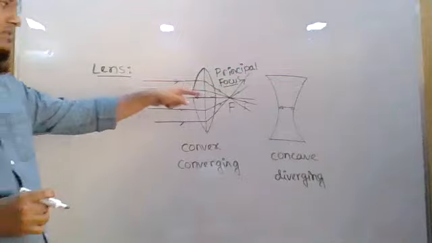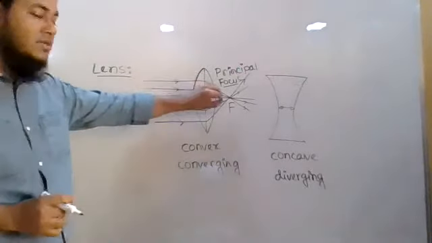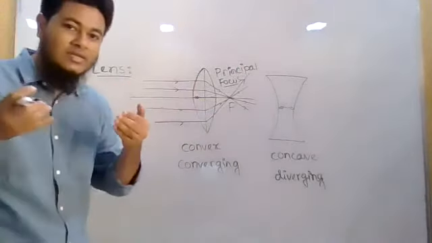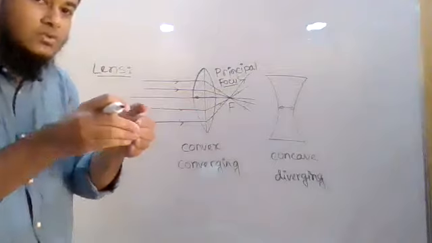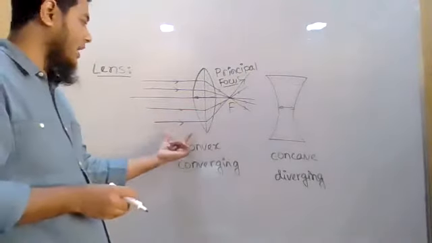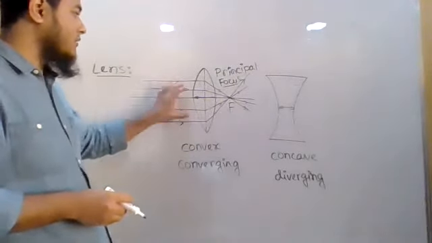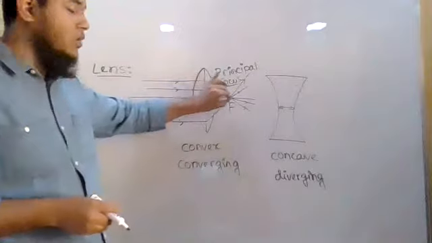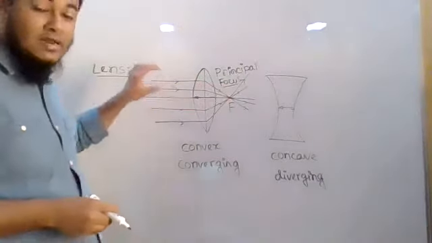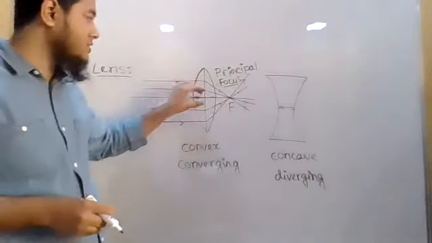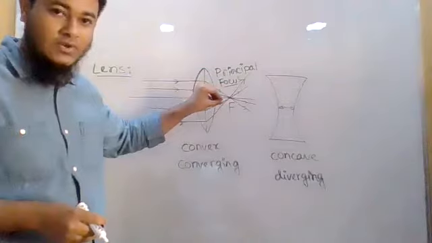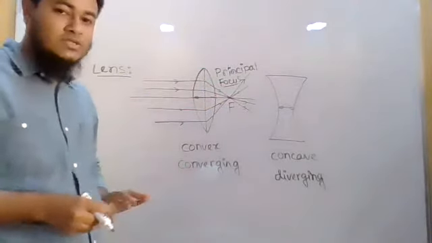That point is called the principal focus. And whenever rays are meeting, we say that they are converging. So as the convex lens converts all the rays parallel to the principal axis into converging rays, that is why it is called a converging lens.